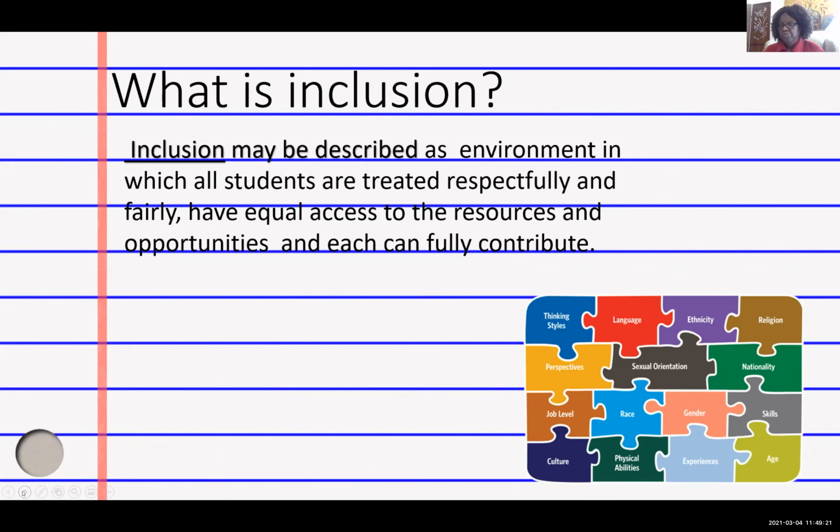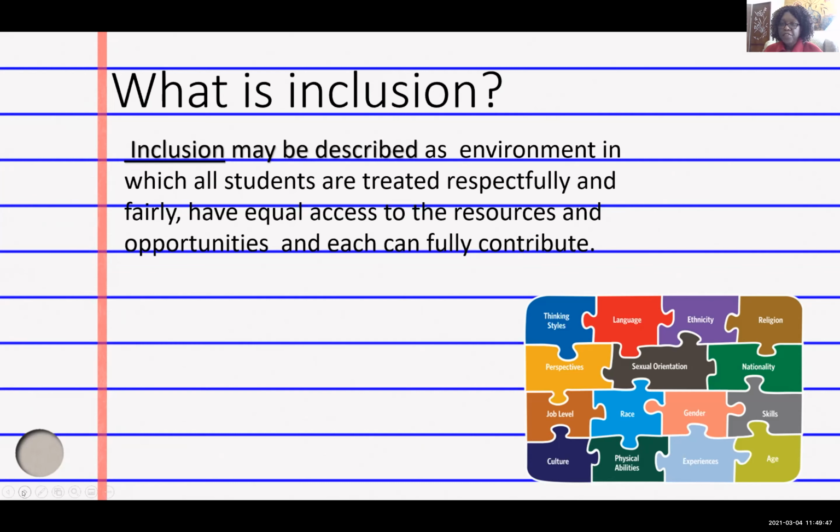And so we would probably want to say it's done in a fair manner, as opposed to the other picture that we saw. They have equal access. How do we know they have equal access? Because they're touching. There's no gap between. So everybody is learning and has equal access and opportunities to contribute.